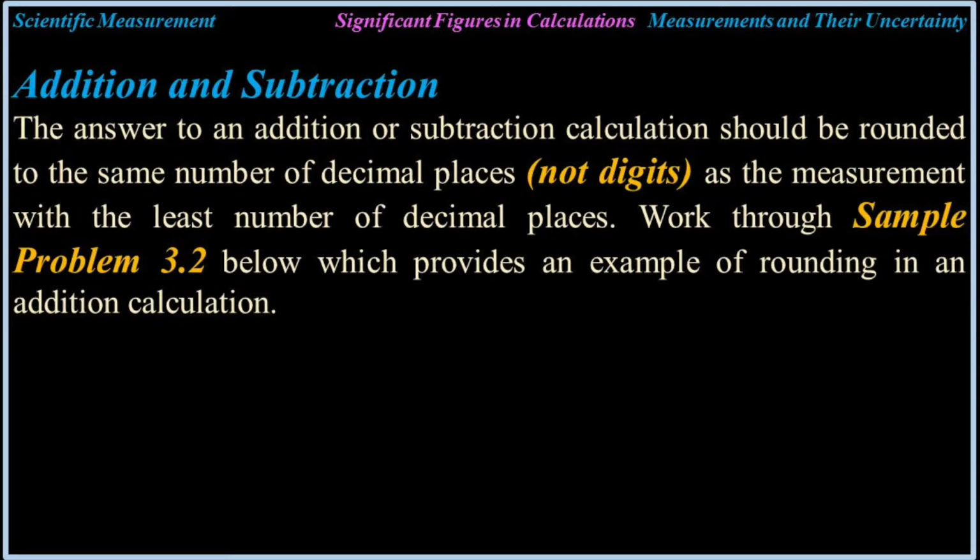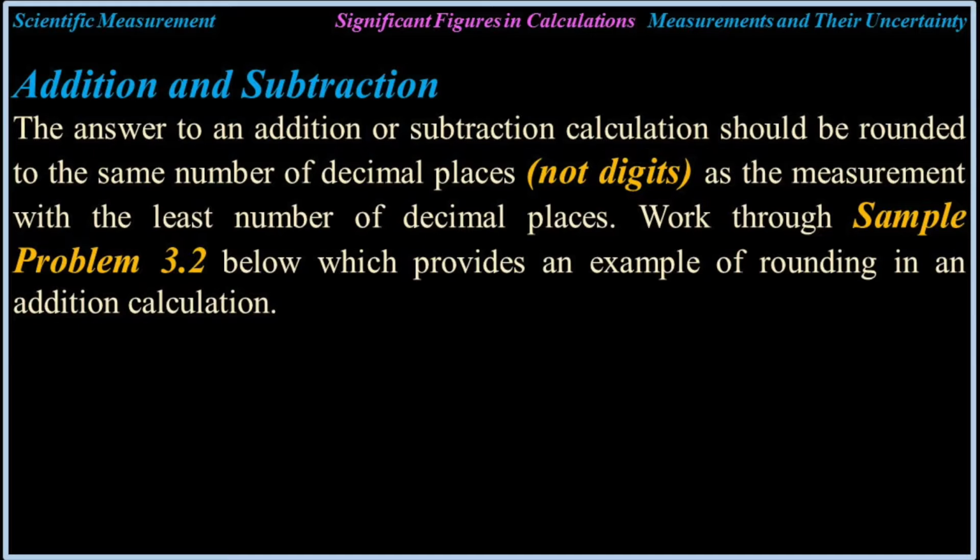And I will do another PowerPoint to show you some of these rules. But let's reword this rule just a little bit. Your answer in an addition or subtraction must have the same precision as the measurement with the least precision.